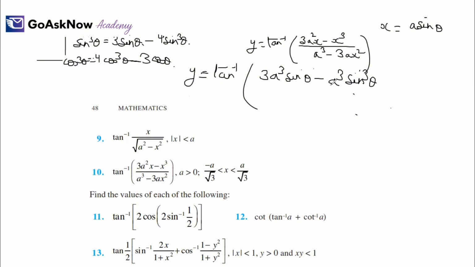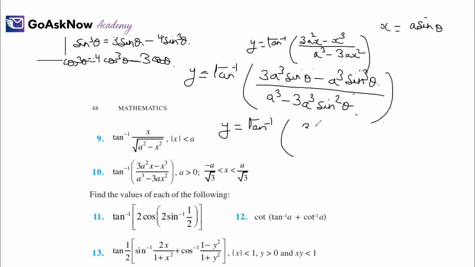Okay, this is clear for you. And the denominator part, what will be there? A cube minus 3, and this will become your a cube sine square theta. Yes. Now a cube and a cube will be cancelled out in the numerator and denominator part. So inside what will be remaining? Y is equal to tan inverse, like your 3 sine theta minus 6 sine cube theta. Okay, and now in the denominator part you have 1 minus 3 sine square theta.